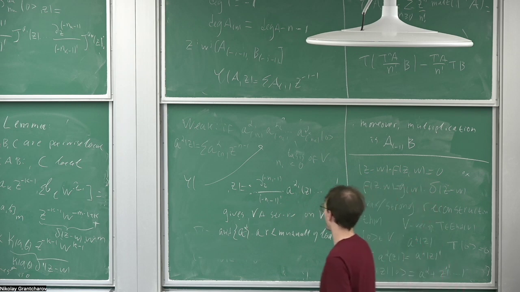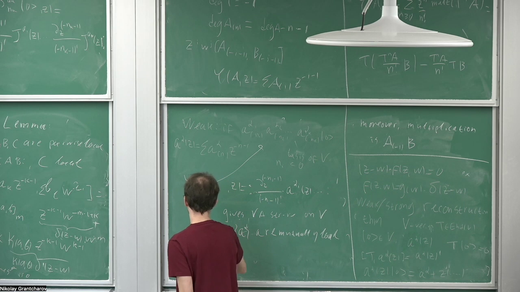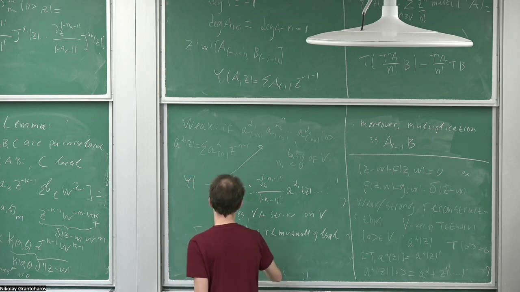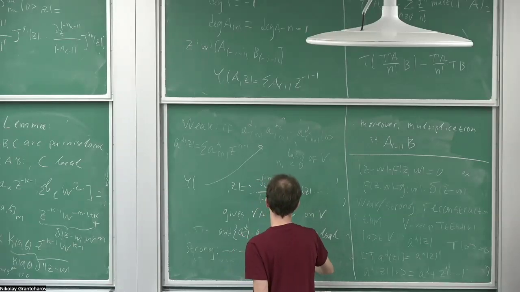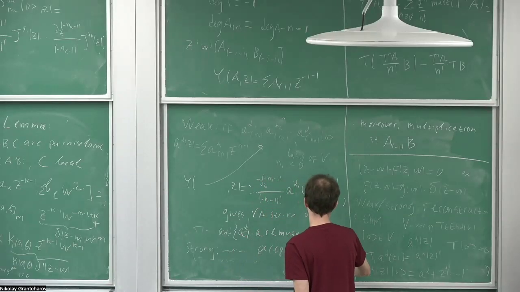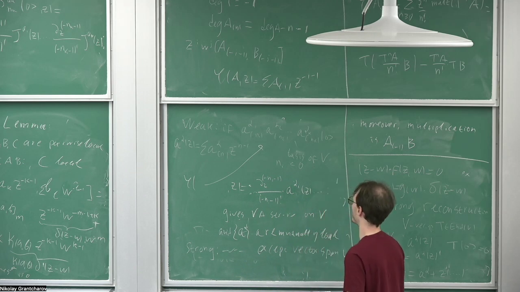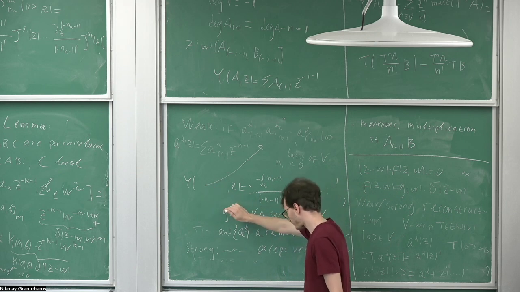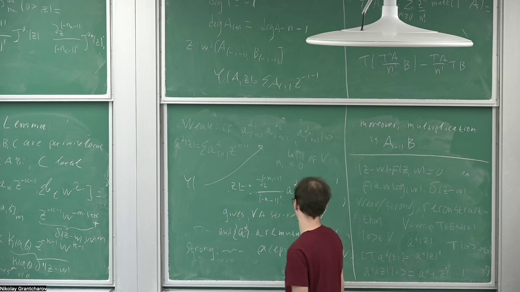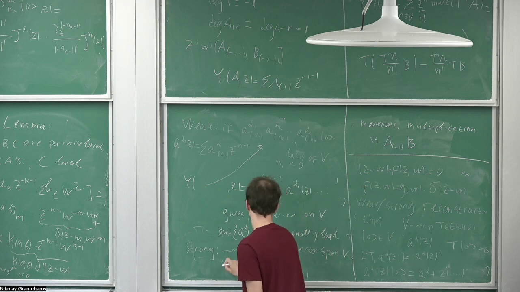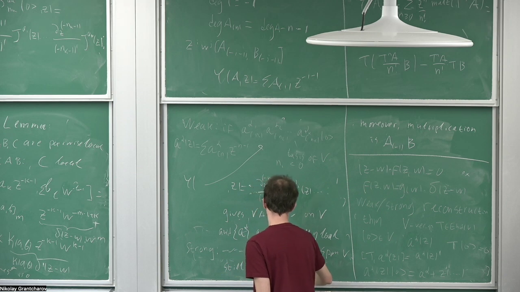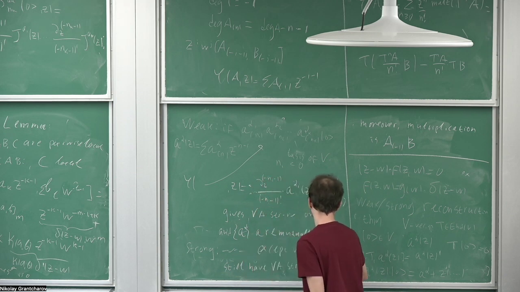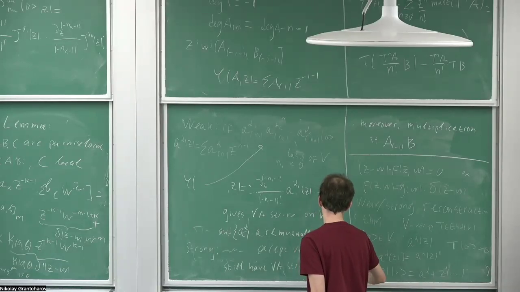Yes, and there is a strong reconstruction theorem. Everything is the same, except that the vectors I wrote span. We don't require them to be a basis. So this formula may be ambiguous, but it still defines a vertex algebra structure, and it is unique.